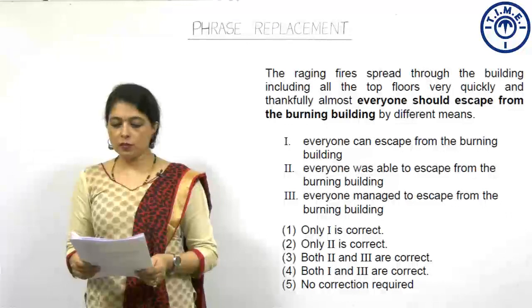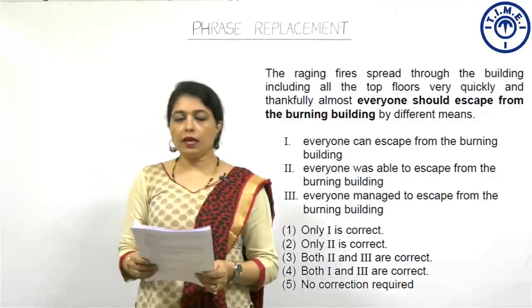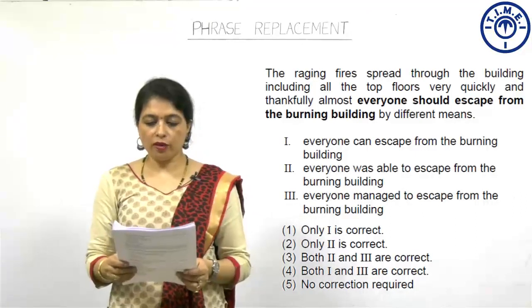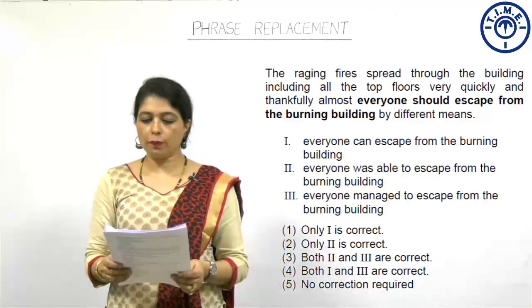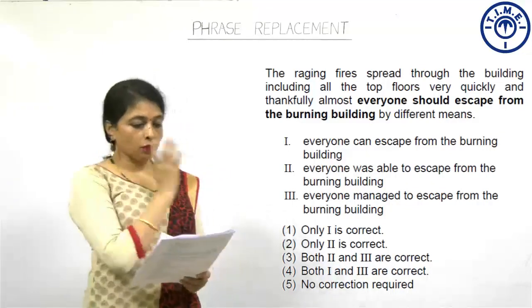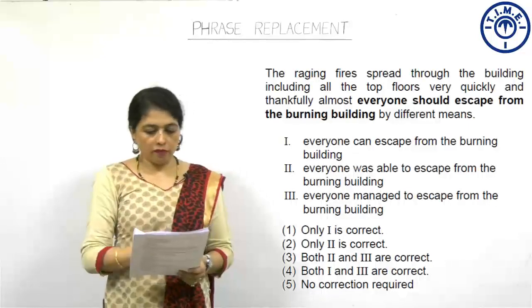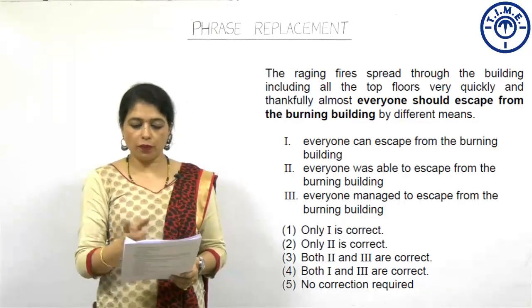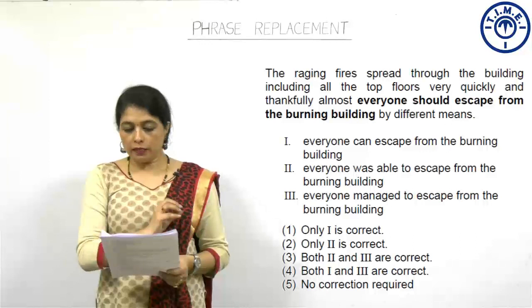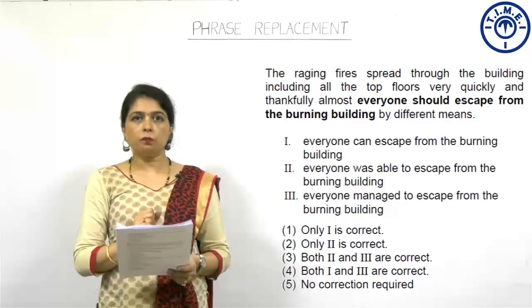The raging fires spread through the building including all the top floors quickly and, thankfully, almost everyone should escape from the burning building by different means. Okay, so the question is right before you and the highlighted part is "everyone should escape from the burning building." I'll read out the first option for you. It says "everyone can escape from the burning building."